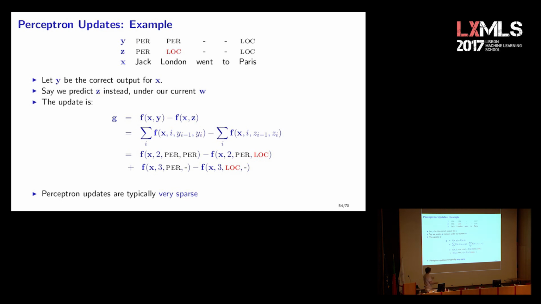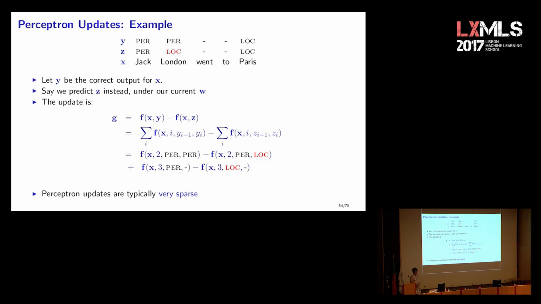So in practice, whenever there is a mistake like that, the update will only affect the features that have to do with the bigrams around the mistake, okay? Which namely are these ones and these ones. For position 2, I'm going to add person, subtract person location, add person nothing at position 3, and subtract location nothing.